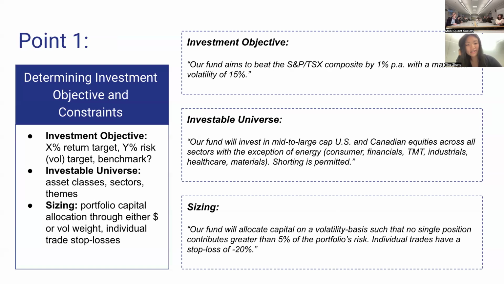So let's say you have an equity fund. You want to beat a composite index of the S&P 500 and the Toronto Stock Exchange, the TSX, by let's say 1% a year. And you want to have your maximum volatility to be 15% or lower, so within that band.